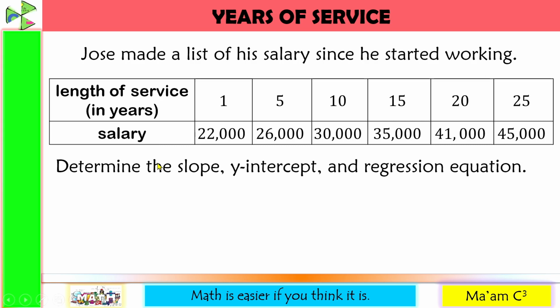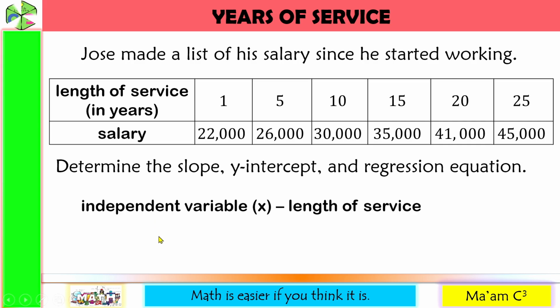Of course, the length of service. You won't be having any salary if you don't have the length of service in a company. So the independent variable is the length of service. That is our variable x. While the dependent variable, the variable y, is the salary.